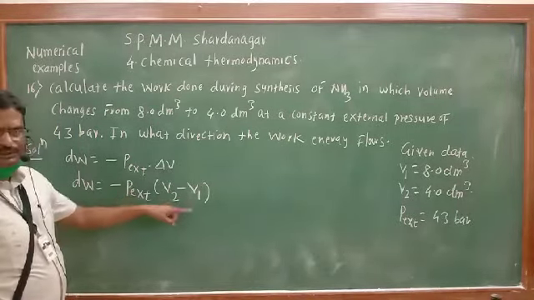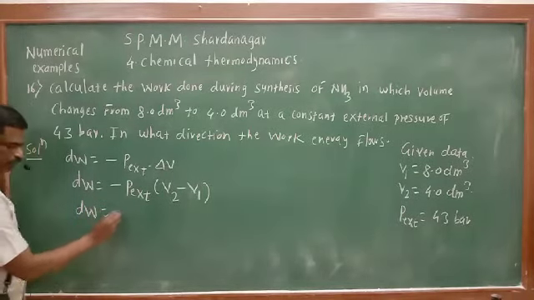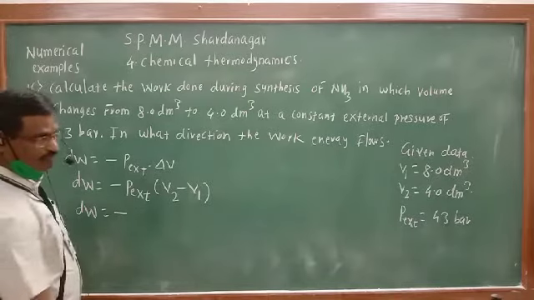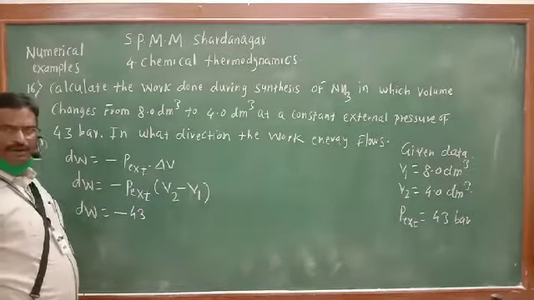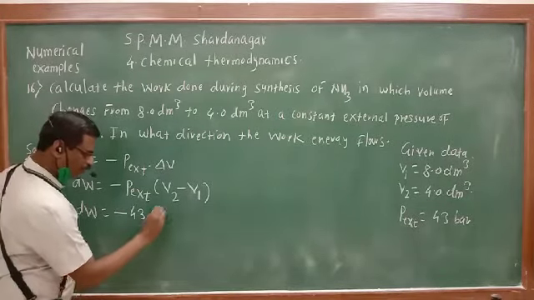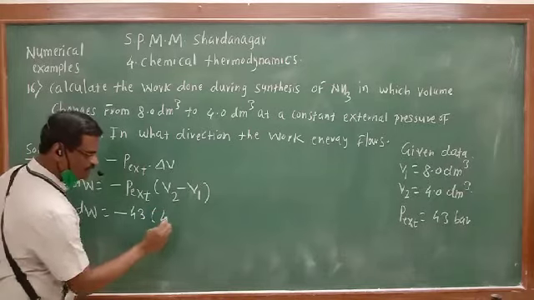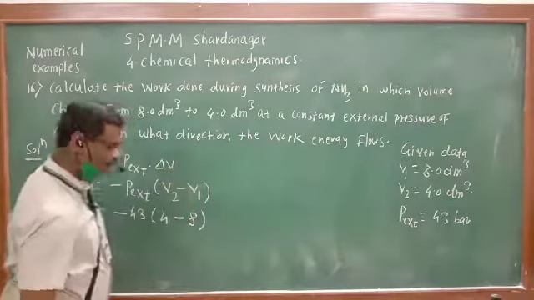Now directly substitute the values. Work done dW is equal to minus P external, which is 43 bar or 43 atmosphere, into V2 minus V1. V2 is 4 decimeter cube, V1 is 8 decimeter cube.